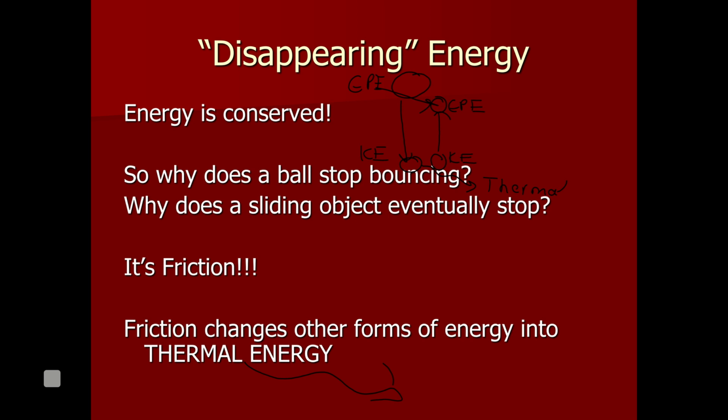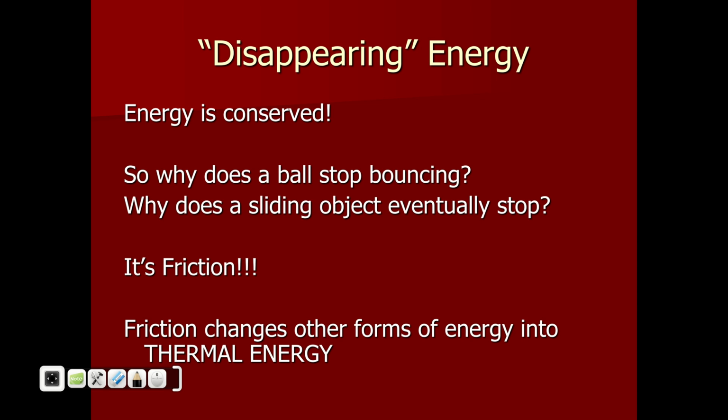The ball is losing energy because the energy is going into the ground, it's going into the environment as thermal energy, heat. And what will happen is, over time, as that ball drops back down again, it doesn't bounce as high, it doesn't bounce as high, because each time, more energy is being lost to thermal energy.